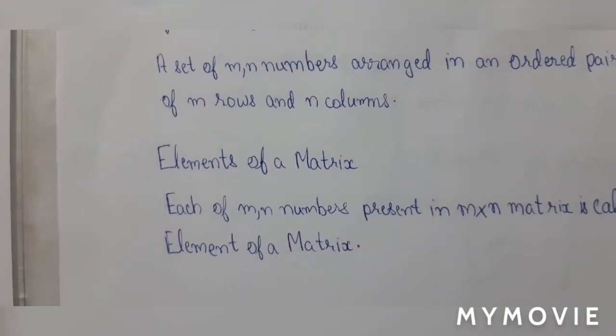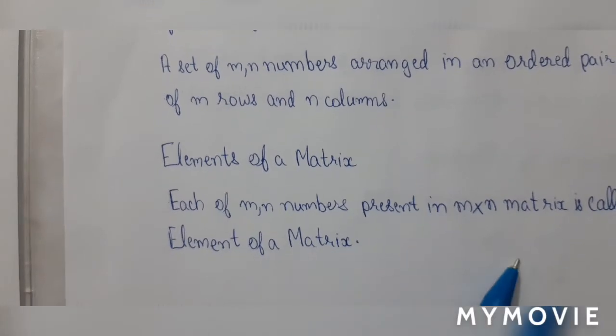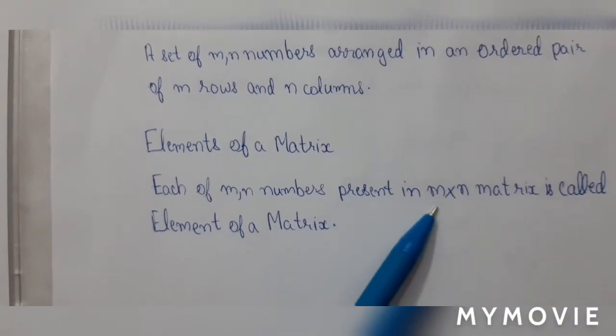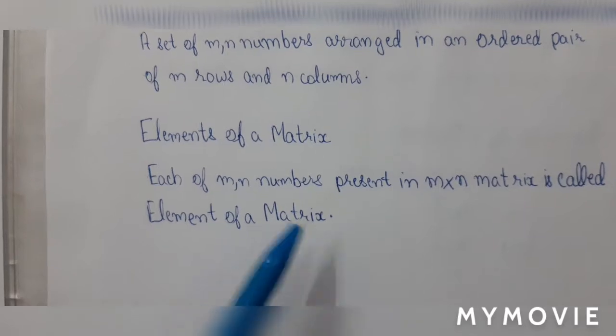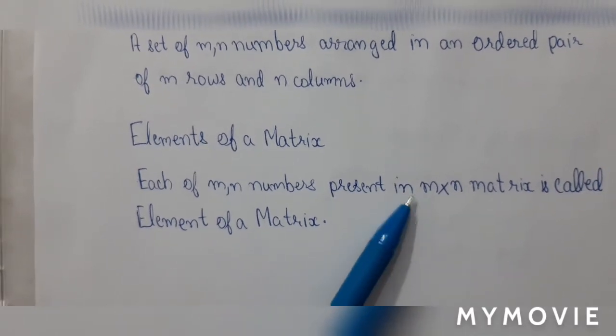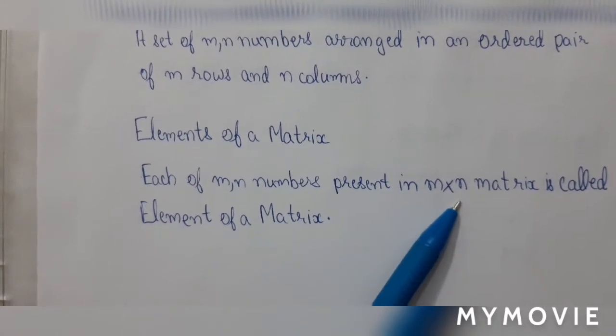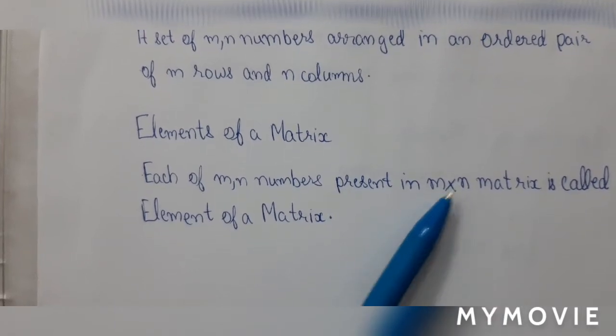So each of the m comma n numbers present in an m cross n matrix is called the element of a matrix. So this is called m cross n or m by n, not m into n.